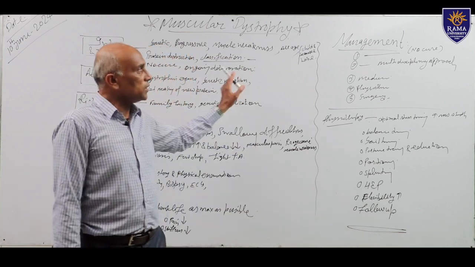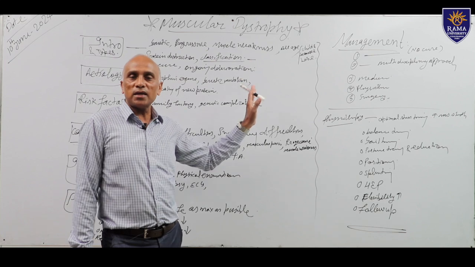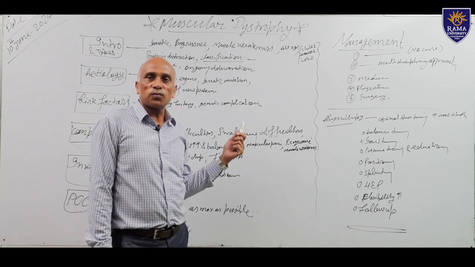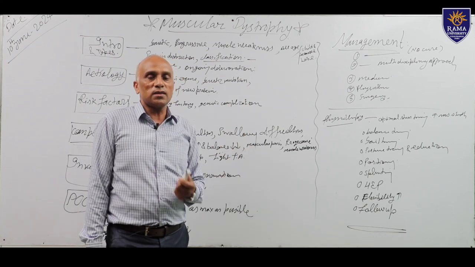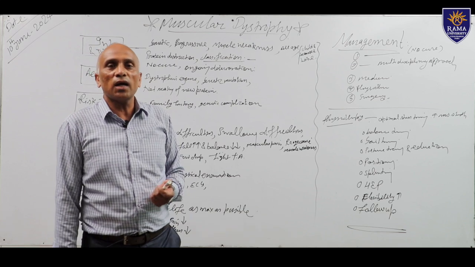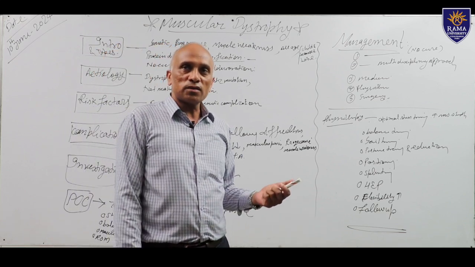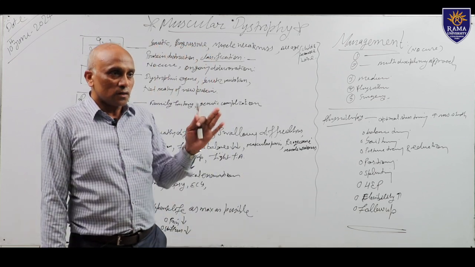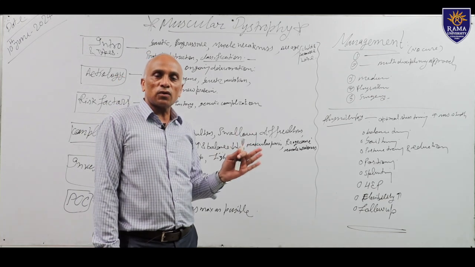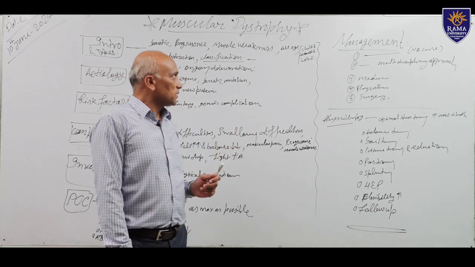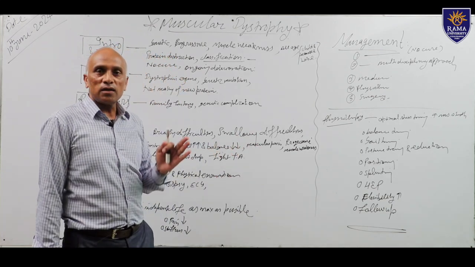The only option is to manage this condition as early as possible, and it is an ongoing process, because there is always muscle loss. It is a progressive muscular disease, and that's why it is called muscular dystrophy.